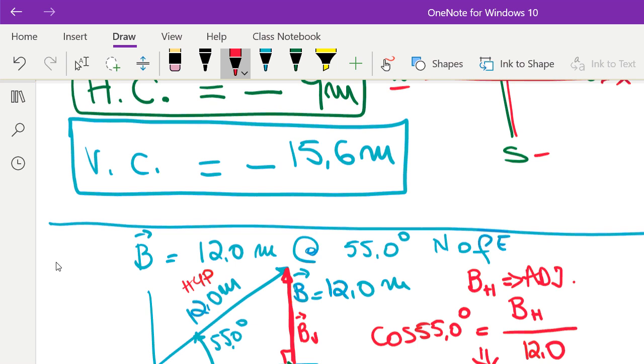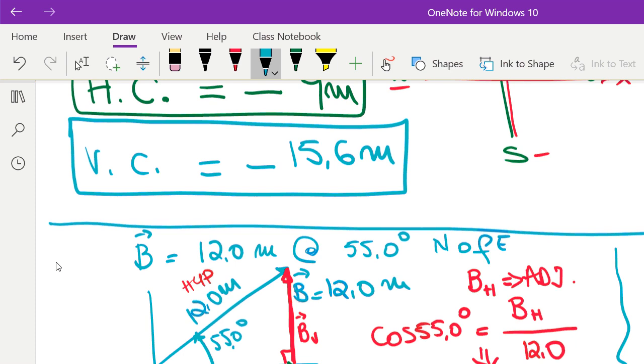When we find the vertical component, it is related to the opposite. So the trig ratio that relates the opposite and hypotenuse is sine. So sine 55 degrees is equal to the vertical component over the hypotenuse, that is 12.